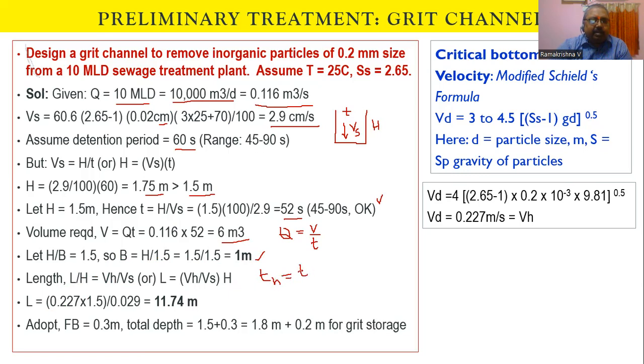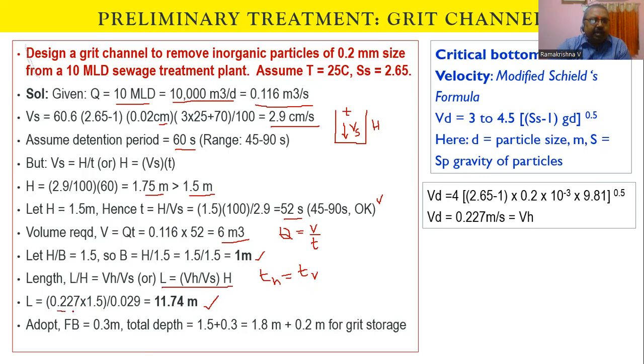Time of horizontal travel means L by VH. Time of vertical travel means H by Vs. Using this information, we obtain L is equal to VH by Vs into H. So therefore, L is equal to 11.74 meters. So therefore, freeboard is equal to this much.